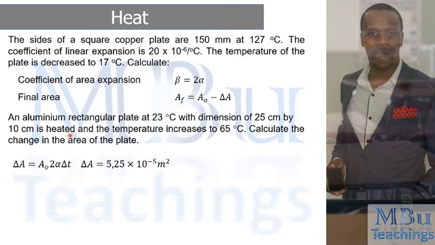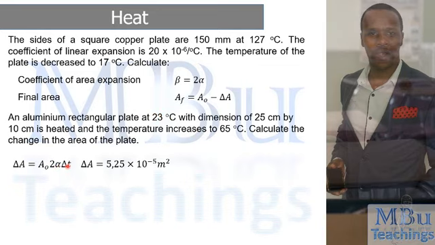Now the temperature has been increased to, it didn't say increased by, so it's increased to 65. That is why 65 minus 23 will be our delta T.